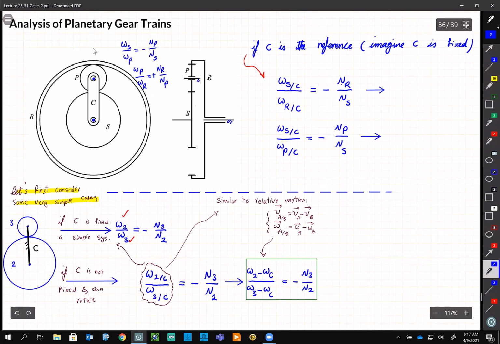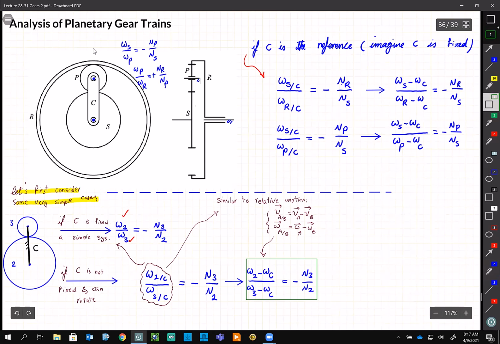So it's going to be omega S minus omega C divided by omega R minus omega C, equal to NR over NS. And this one will be omega S minus omega C divided by omega P minus omega C, equal to minus NP over NS.